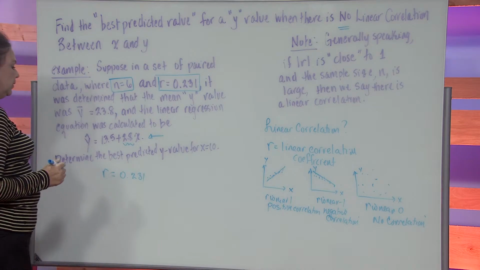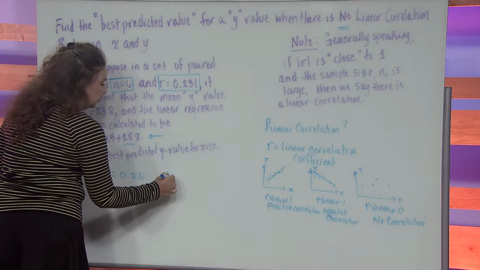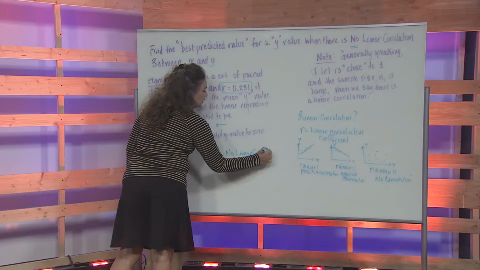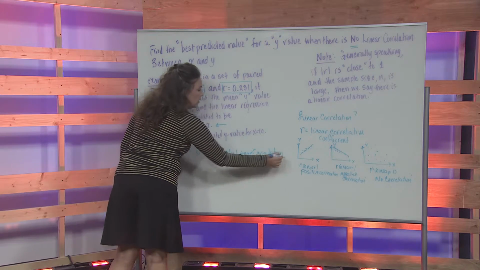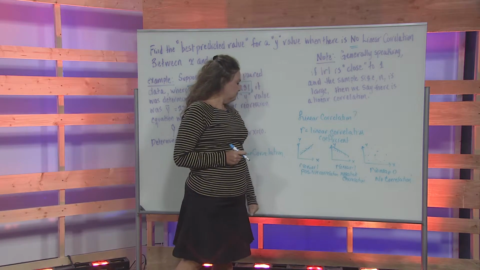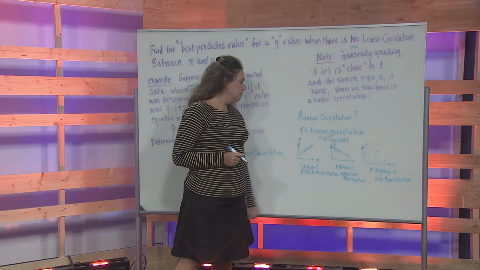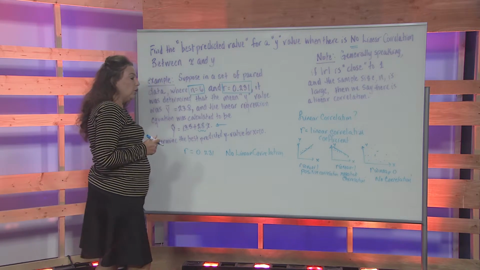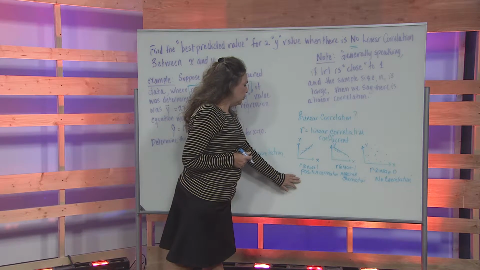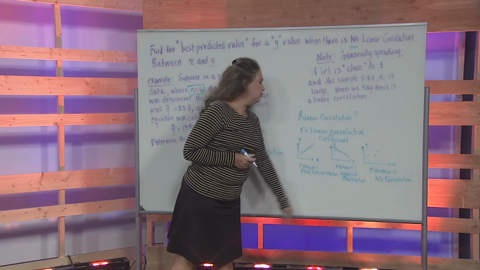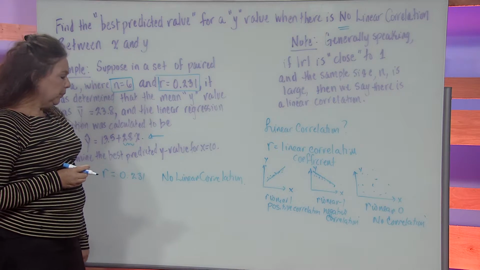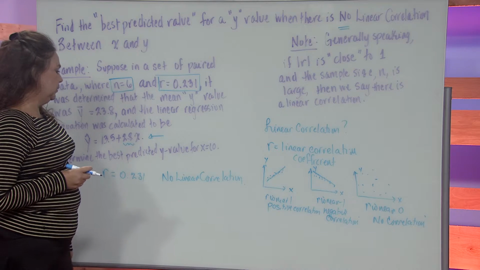So we would say that there is no linear correlation here. Okay. And when we're talking about how close to 1 or -1, as long as we have a large sample size, if it's somewhere close to 0.9 or -0.9, that's pretty close to the 1 or -1, but we'll look at a different way to approach this as well.